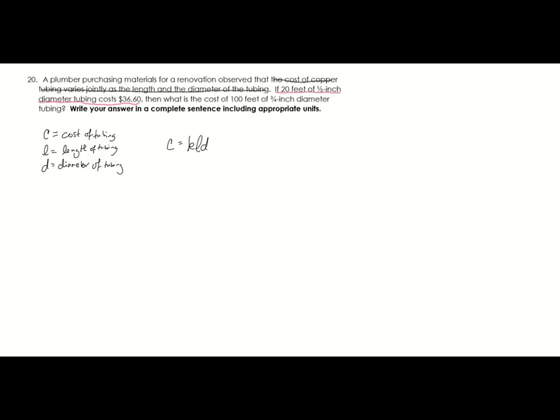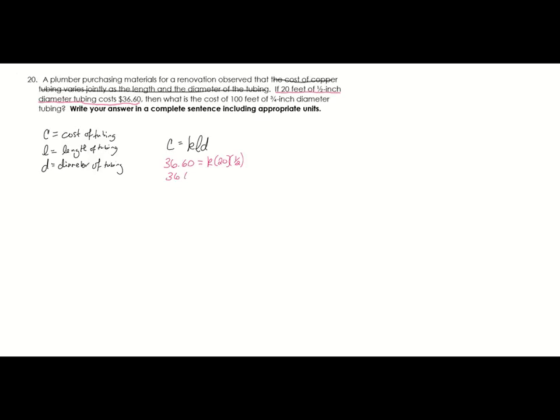So notice that I'm given a length, 20 feet, a diameter, 1/2 inch, and a cost, $36.60. I'm going to plug those into my basic formula. That gives me 36.60 equals K. My length is 20 feet, so times 20. And my diameter is 1/2 of an inch, so 1/2. And now I simplify.